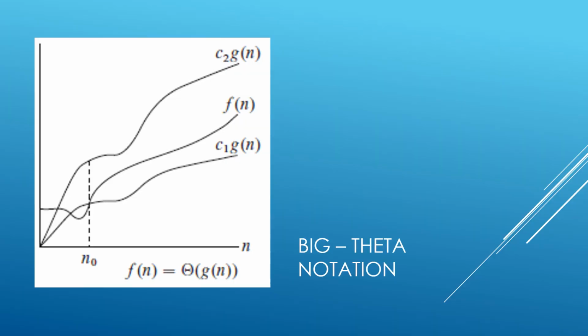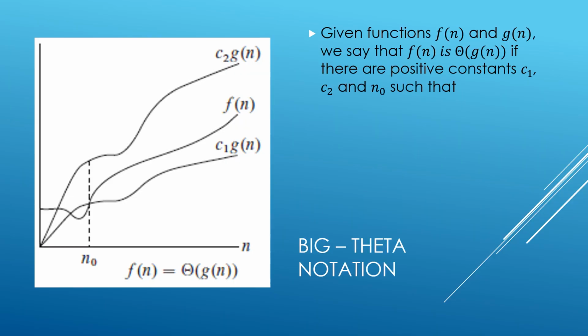Big theta notation. Given functions f(n) and g(n), we say that f(n) is theta of g(n) if there are positive constants c1, c2 and n0 such that c1 g(n) is less than or equal to f(n), which is less than or equal to c2 g(n), for n greater than or equal to n0.